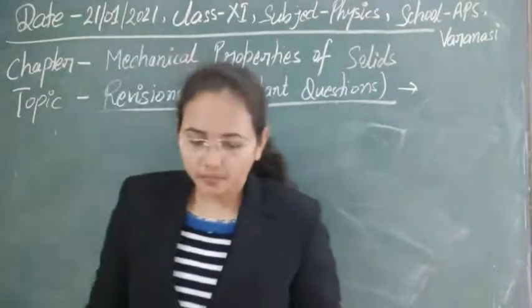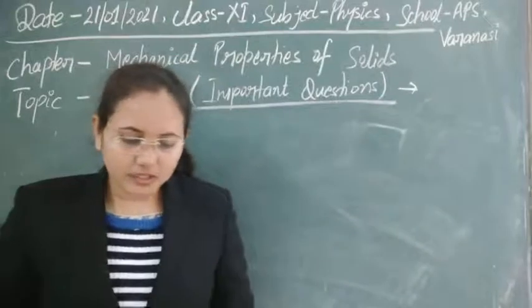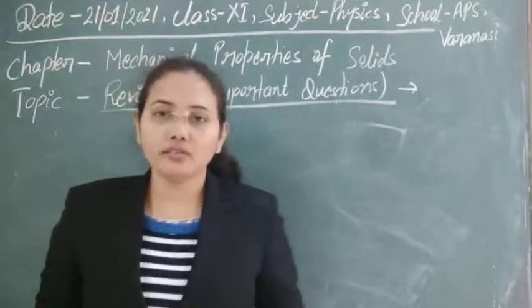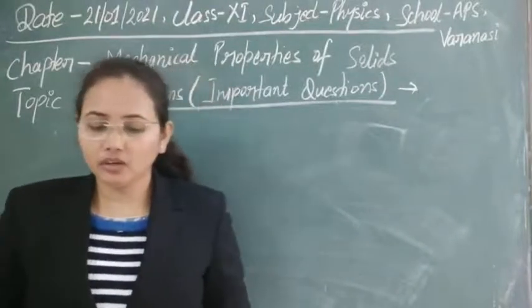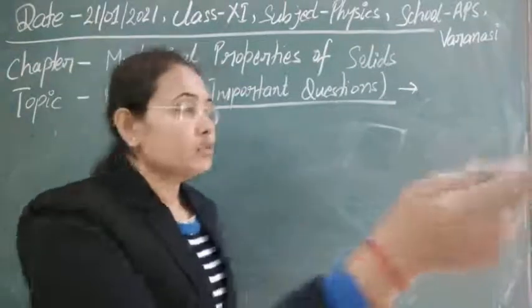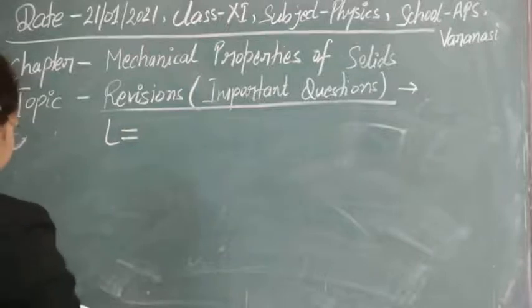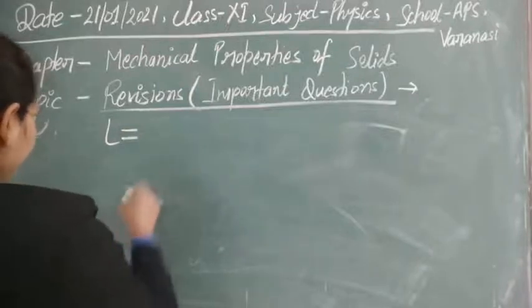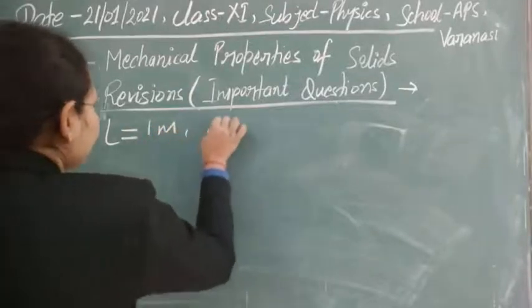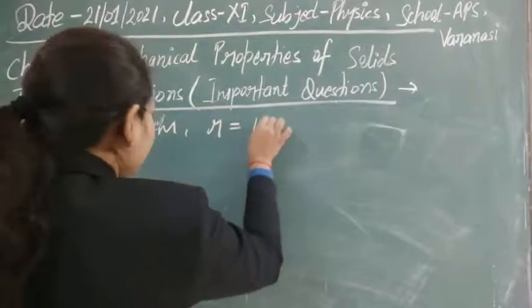The numerical problem is that a structural steel rod has a radius of 10 mm and a length of 1 meter. So let's write, first of all, we have a steel rod that has length 1 meter and its radius is 10 mm.